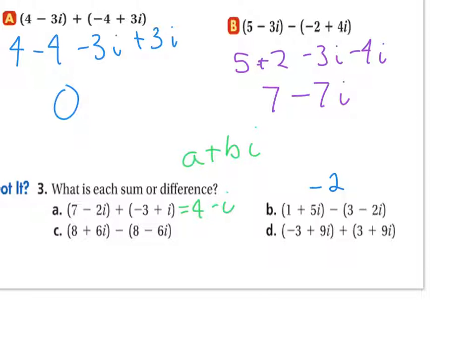And 5i really plus 2i, so it would be 7i, because again, we're subtracting a minus 2i there. For C, 8 minus 8 would be 0. 6i, now this is going to be tricky. Some people are going to want to cancel that out. It's really 6i plus 6i, so we get 12i. So again, a pure imaginary number for that one. And the last one, we've got negative 3 plus 3, so that's gone. 9i plus 9i, so that would be 18i there. Hopefully you came up with the same things.